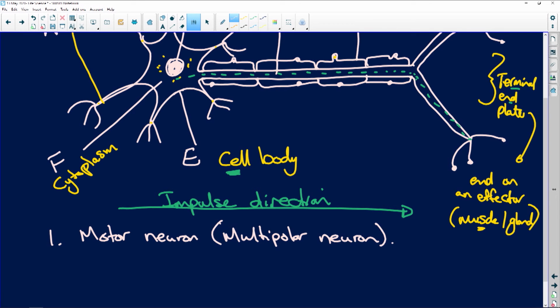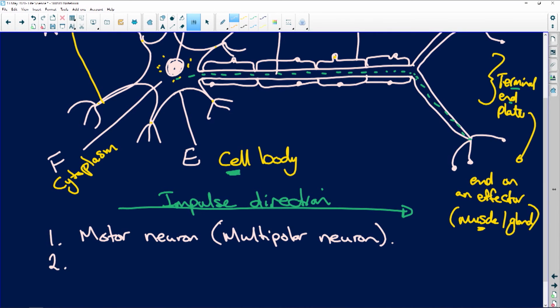If you want to really get technical, you could also call it the efferent neuron, because it's moving towards an effector. Okay, so motor neuron, multipolar neuron, effector neuron, all the same. But go with motor neuron. It's much easier and you can't mess up with that.